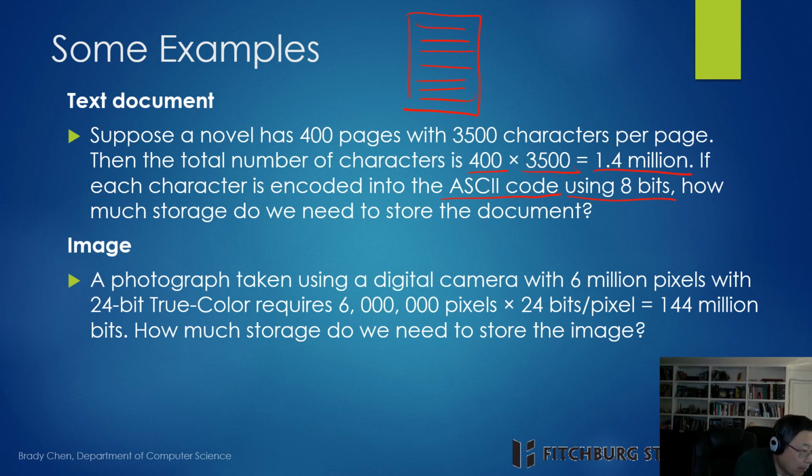Now, the second problem is about image. So a photographer took a photo using a digital camera with 6 million pixels. It's not really a high quality digital camera, right? Nowadays we can find a digital camera with like 21 million pixels or even more.